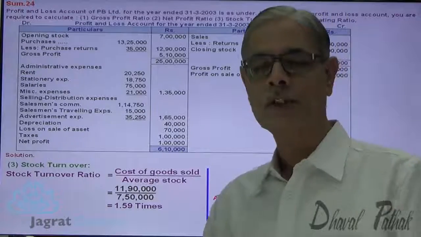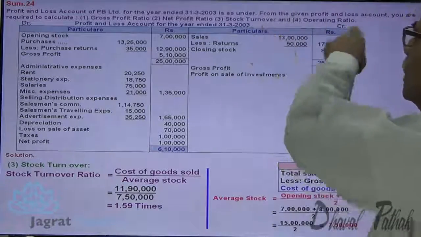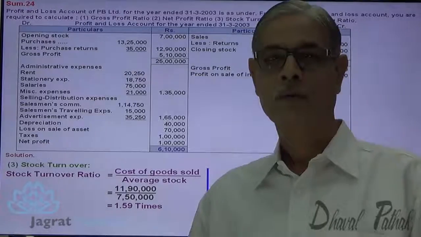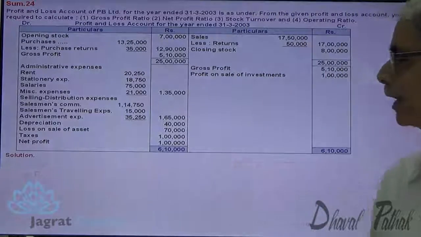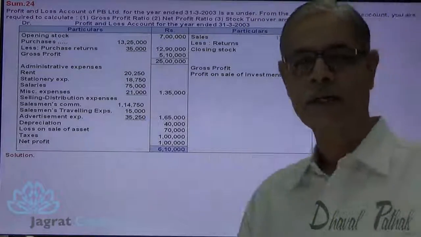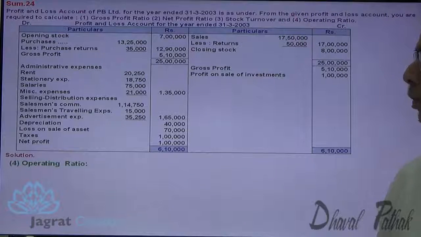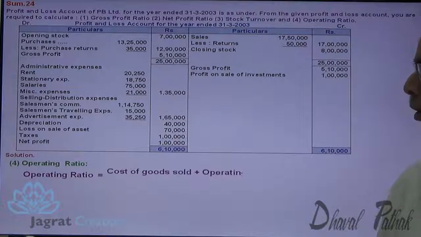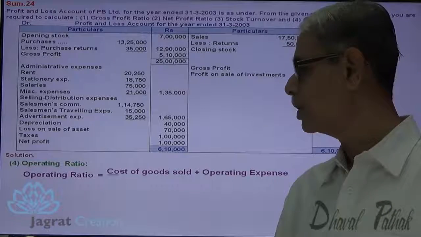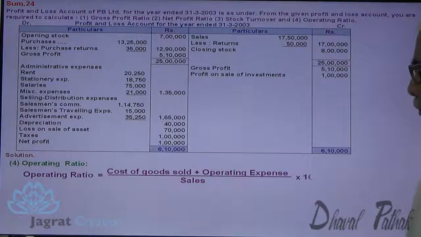After calculating the stock turnover ratio, I want to find out the operating ratio. Now that next ratio is also based on trading and profit and loss account. The formula for operating ratio is cost of goods sold plus operating expenses divided by sales into 100.